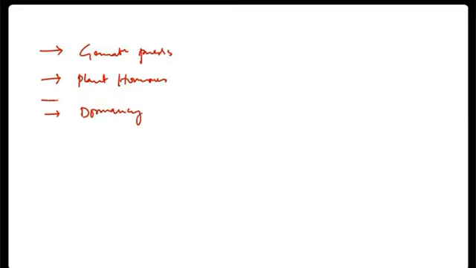Starting with, we are going to discuss the process of germination, and secondly plant hormones or growth hormones, and thirdly dormancy, and before dormancy we'll talk about seed reserve mobilization, or generally seed reserves, seed storage reserve materials.